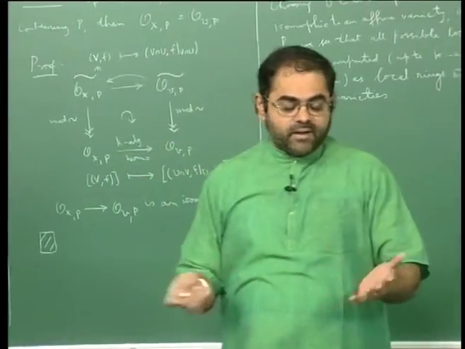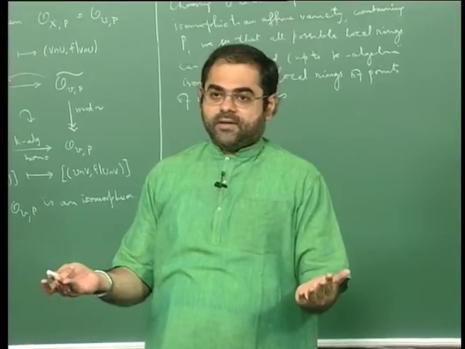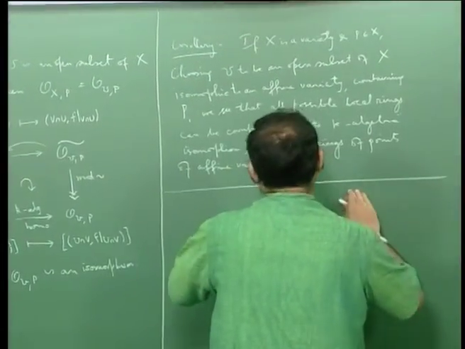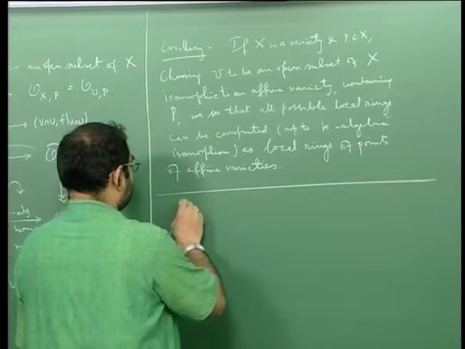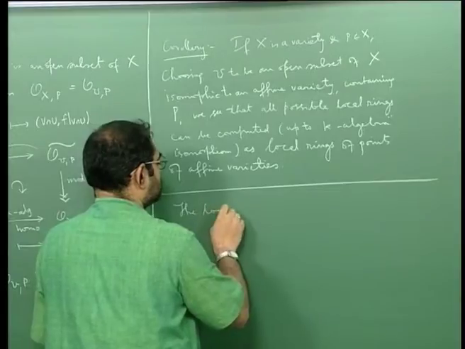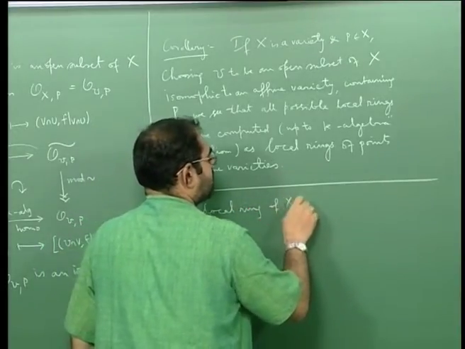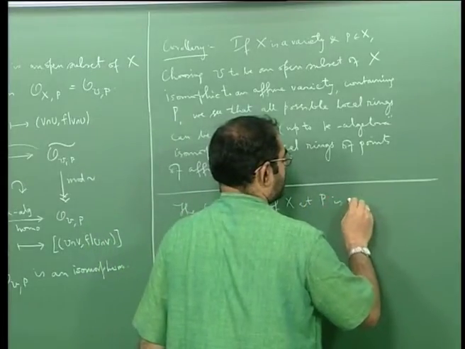You will get it automatically because the isomorphism will be induced by the pullback of functions. So let me write that. Maybe I should have said that before this. So let me say that the local ring of X at P is an invariant.